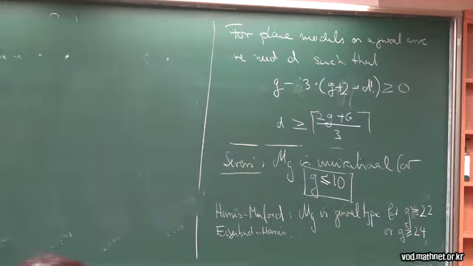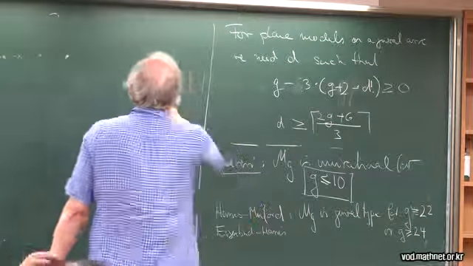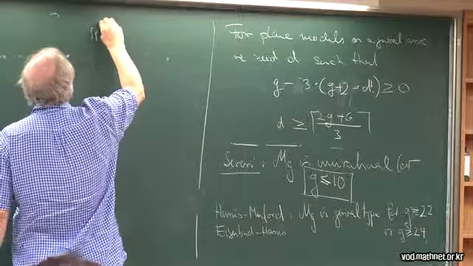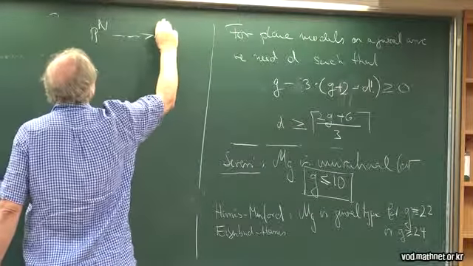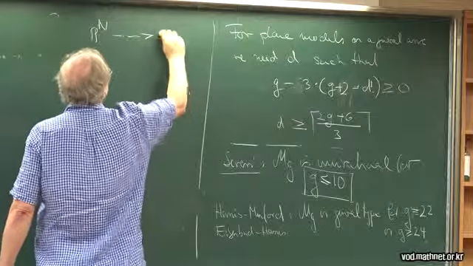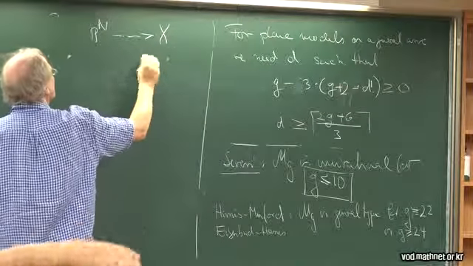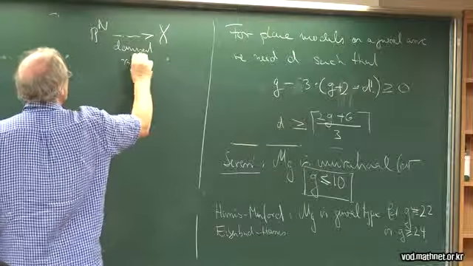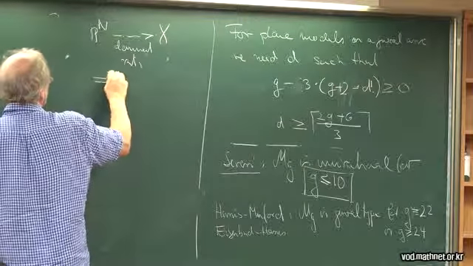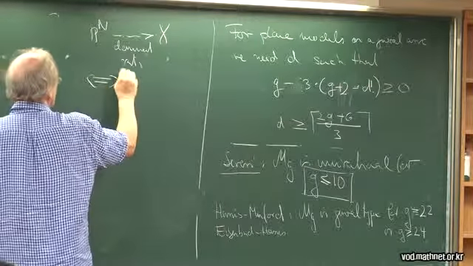It's quite the opposite on a unirational variety, which by definition means that there's a projective space P^n and a dominant rational map to X. That is by definition: X is unirational.